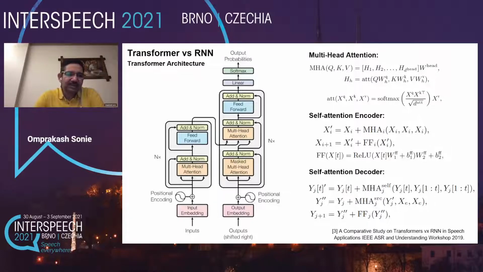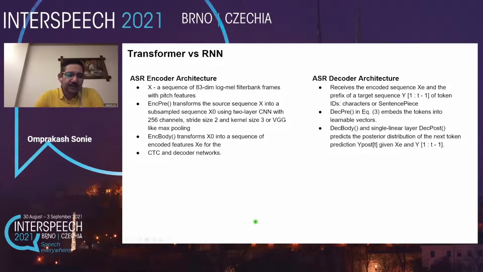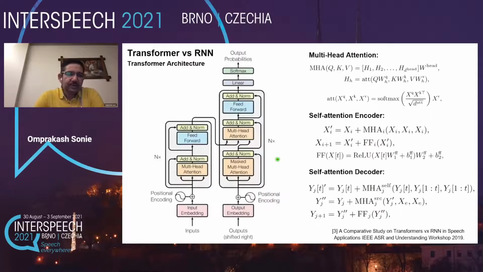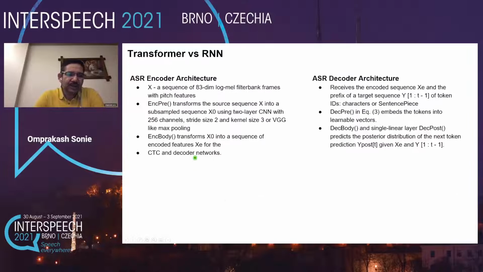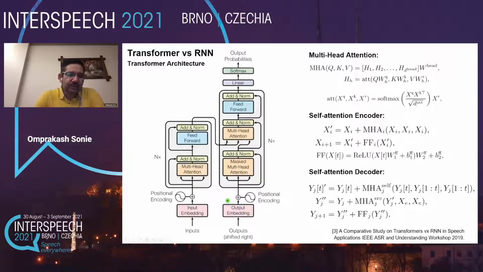So masking is being done, and then it is again passed through the multi-head attention and the feed forward layer. Not going into the details of the query, key and values, etc. But in the case of the encoder, query, key and values are the same. But here, the output of the encoder is being passed to the decoder.